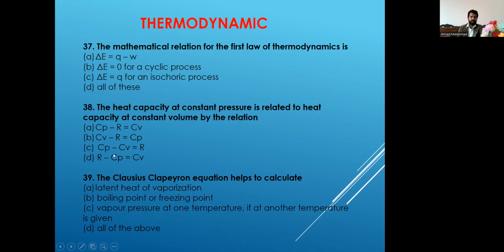So the right option from these four options is option C: molar heat capacity at constant pressure minus molar heat capacity at constant volume is equal to gas constant.